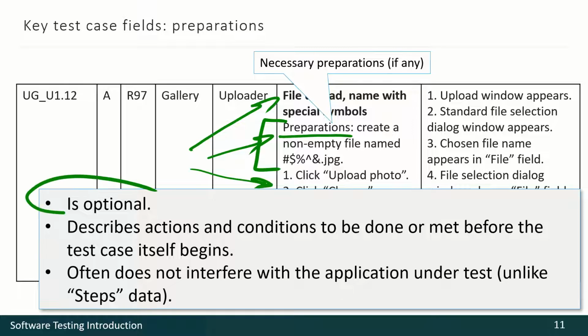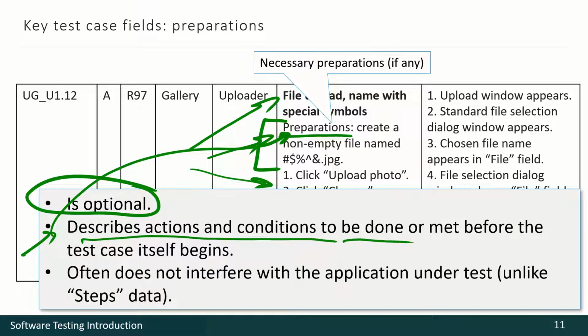So it's an optional field, and when we are speaking about preparations, not preconditions, not initial data, not setup, only about preparations, it usually describes some actions to be done or conditions to be met before the test case itself begins, before any actions with the application. Why is it important?